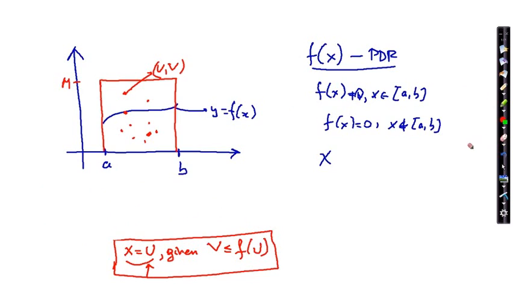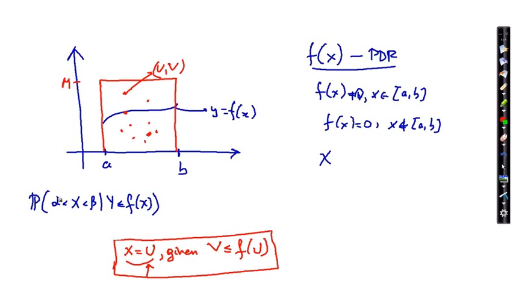Say if I calculate the following: I want to calculate the probability that x is between, say, alpha and beta, given that y is less or equal than f of x. So I'm using notation x instead of u, and y instead of v.